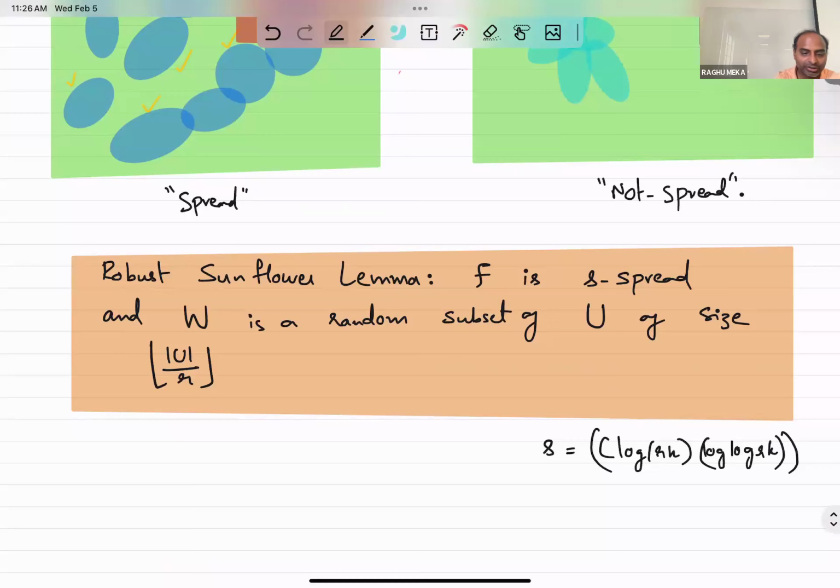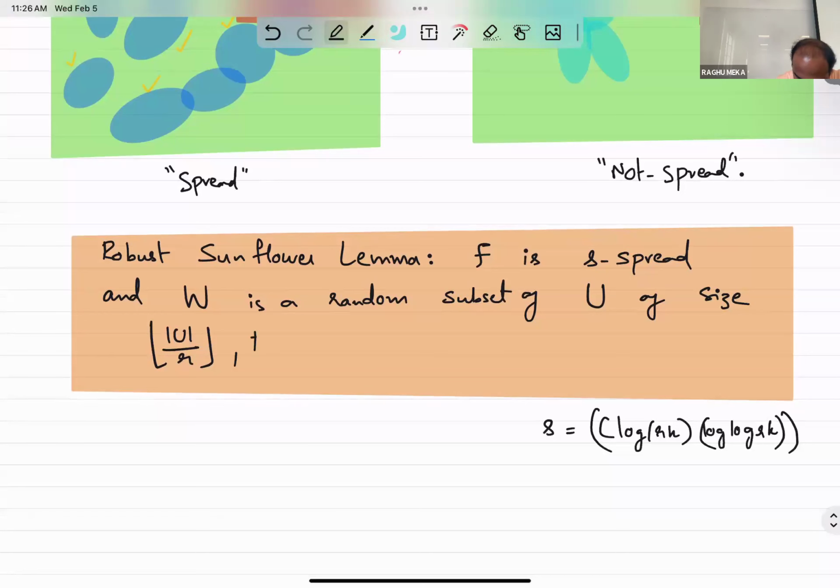And that's exactly what they showed: if I pick this set W, you can think of it as a witness at random, then with high probability, one of the sets in your family is completely contained in your witness set W. How high a probability?